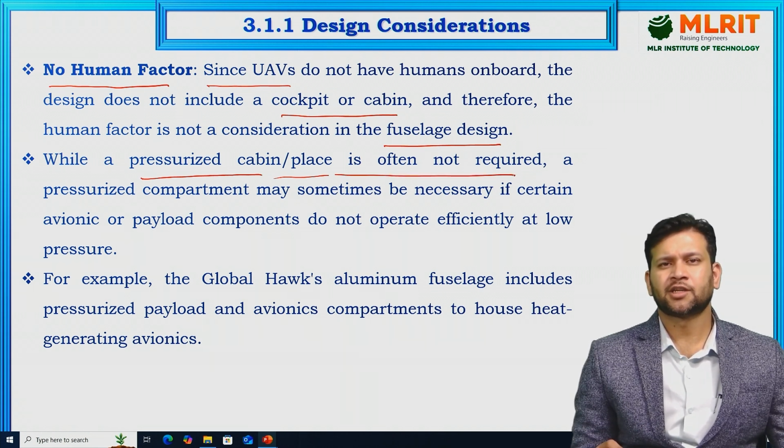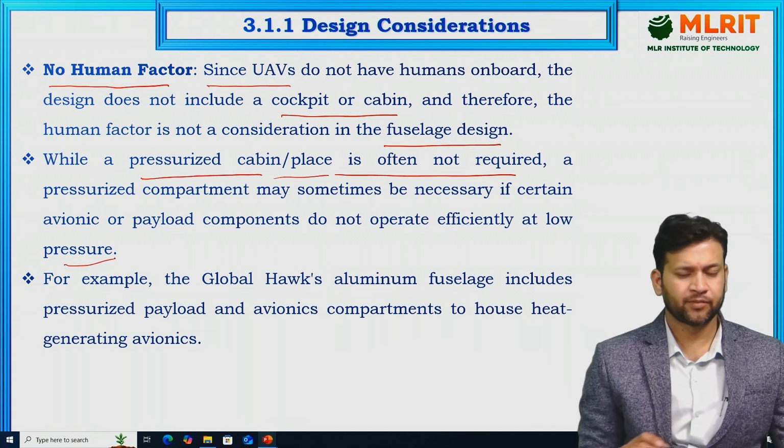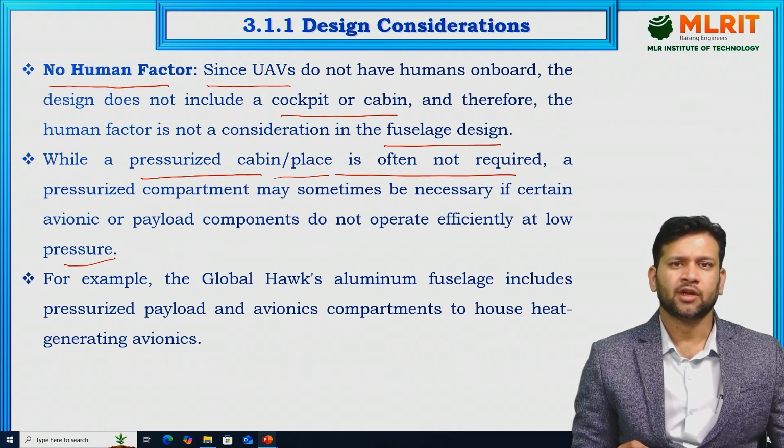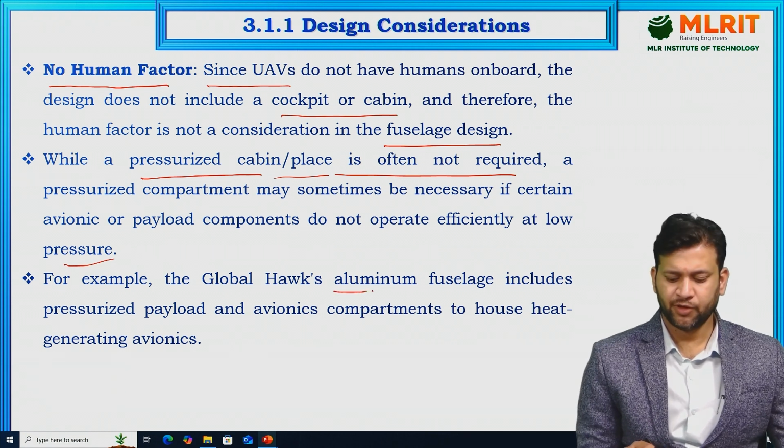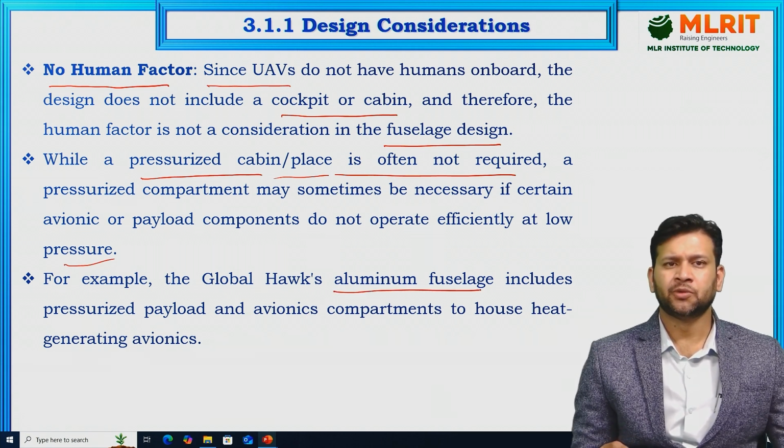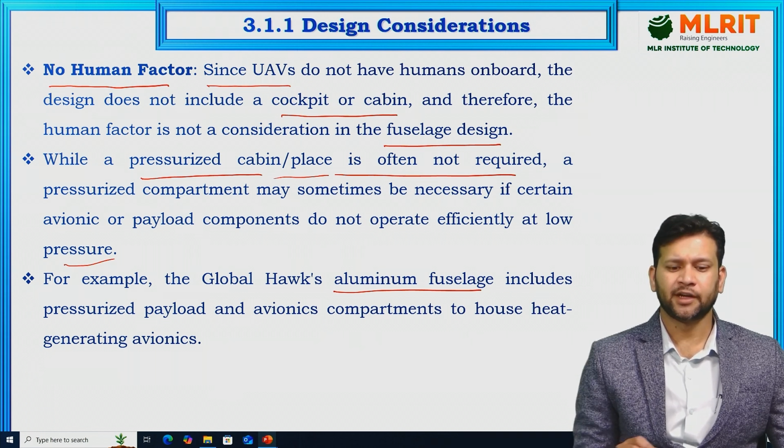A pressurized compartment might sometimes be necessary if certain avionic or payload components do not operate efficiently at low pressure. For example, the Global Hawk's aluminum fuselage includes a pressurized payload and avionics compartment to house heat-generating avionics.